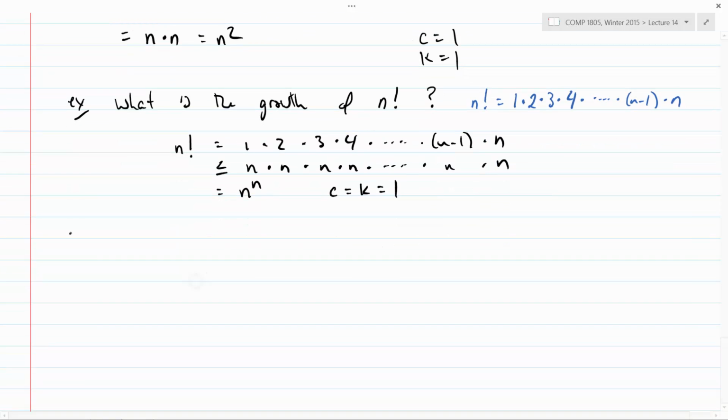What about the following? What is the growth of the log of n factorial? So the logarithm of n factorial. Any ideas there? Yeah?